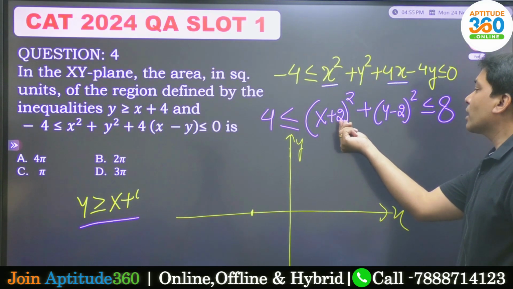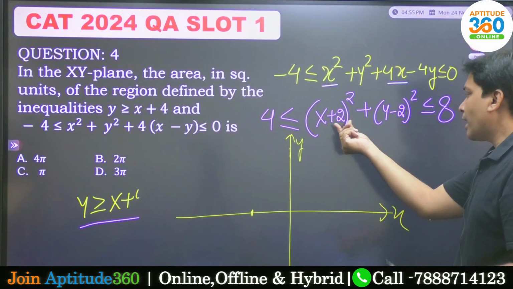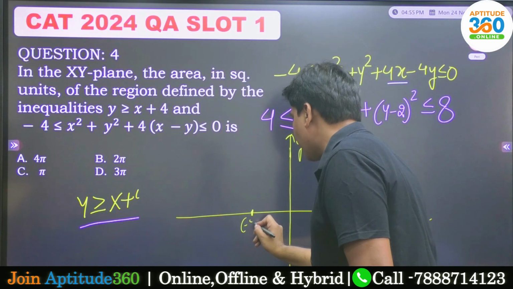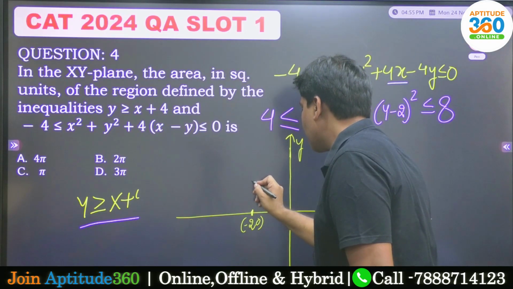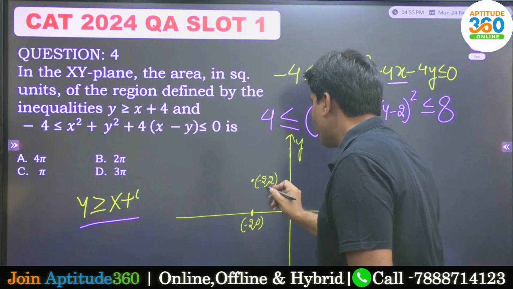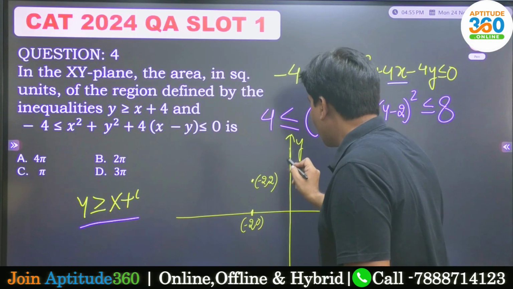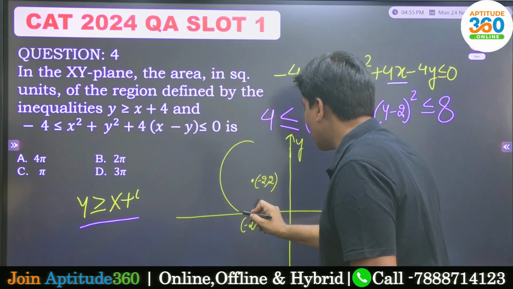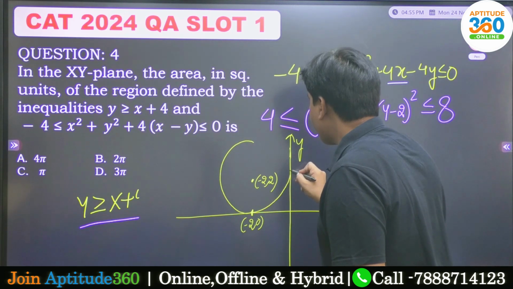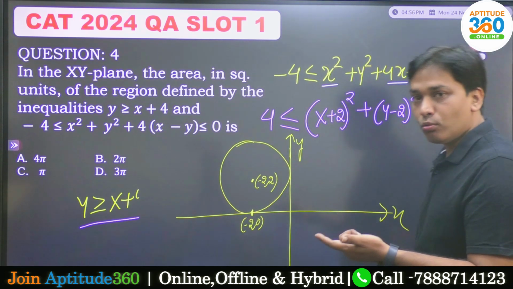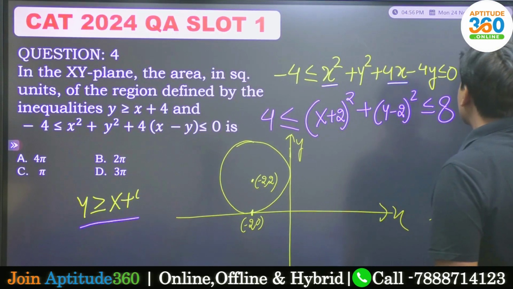For both of them, the center is x = -2, y = 2. So if this point is (-2, 0), and this point out here is (-2, 2), this is going to be your first circle. Your first circle is going to look like this, right? Radius being 2, and then you have another circle.